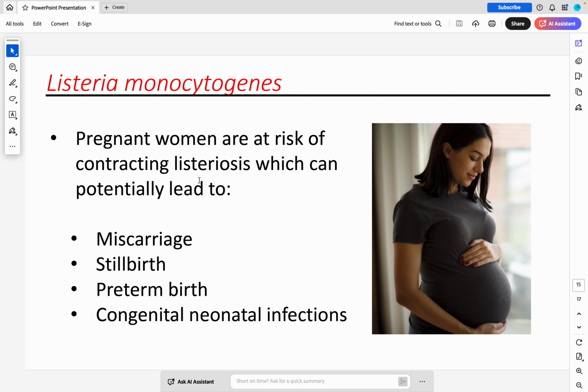But the thing is, L. monocytogenes is only associated with improper food handling practices and conditions. So with proper food hygiene, it is definitely a preventable infectious agent, and the risk of it transferring from the food to a potential host can be lowered.